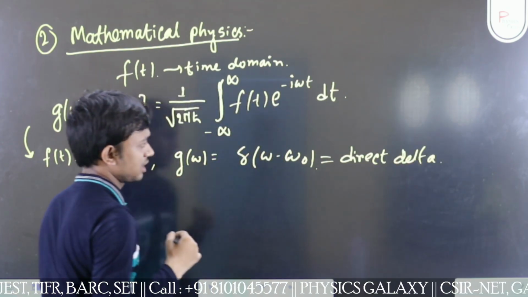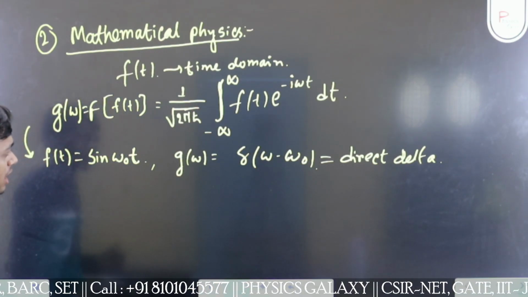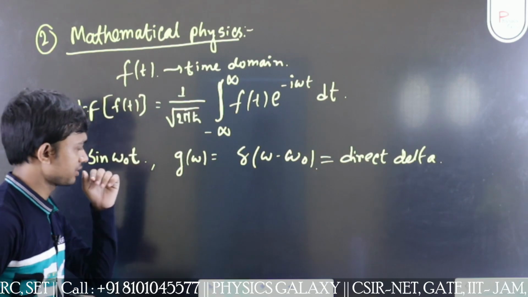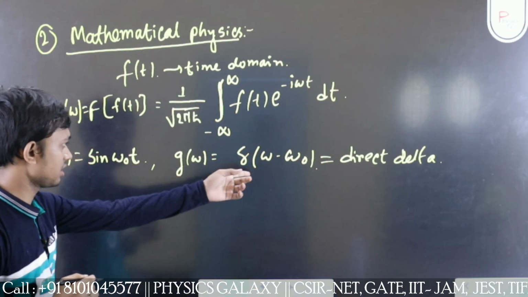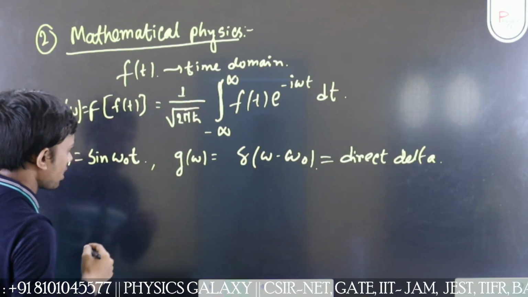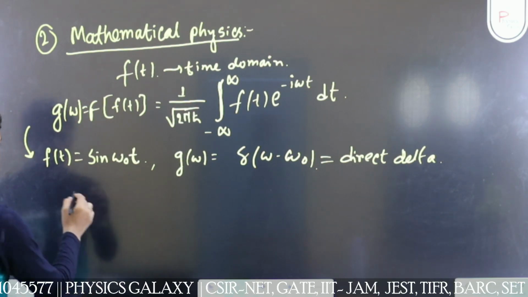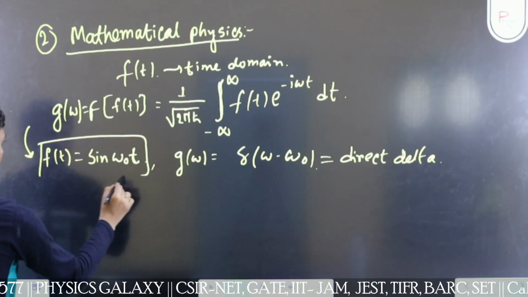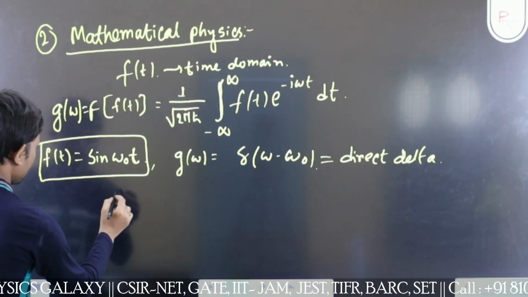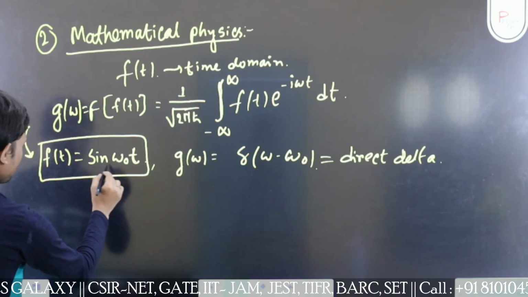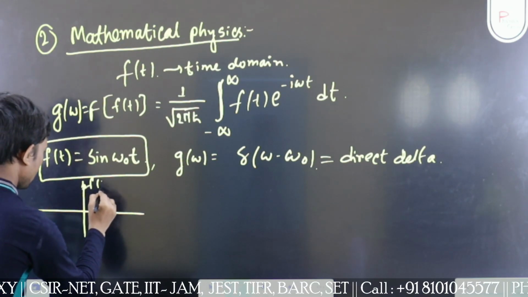Then the professor asked me, how do you write this, and to give the explanation for writing the Dirac delta function. Why do you write the Dirac delta? I explained it by quantum mechanics. Here, sine omega t is like that.